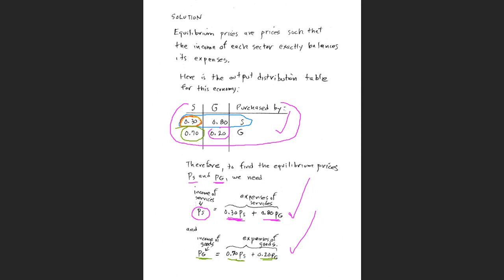The augmented matrix is actually, well, let me ask you this. In these two equations, how many variables are there? Two.